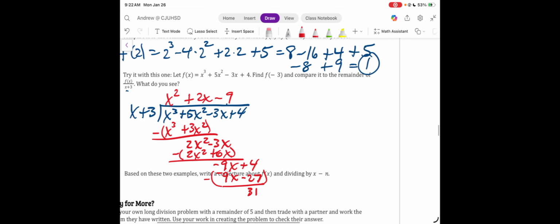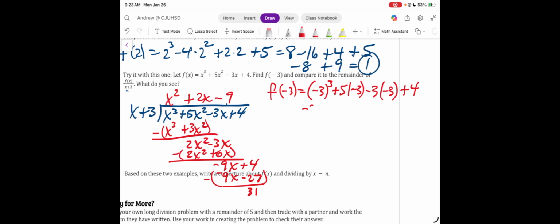Now if I take f of negative 3, that would be negative 3 cubed plus 5 times negative 3 squared minus 3 times negative 3 plus 4.